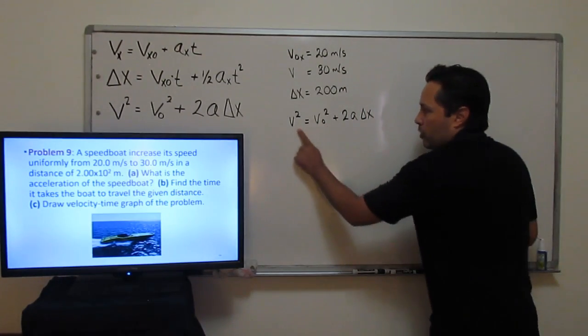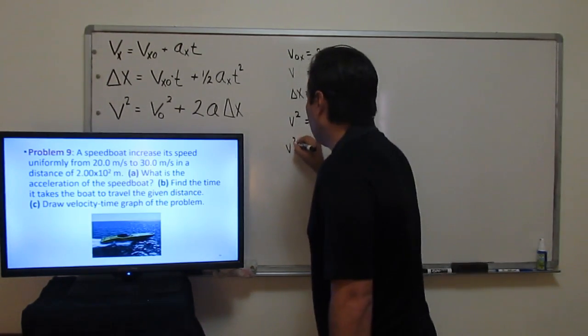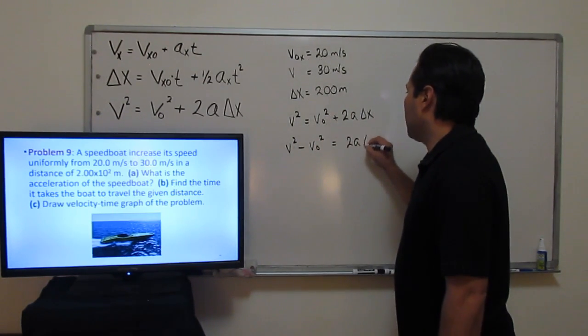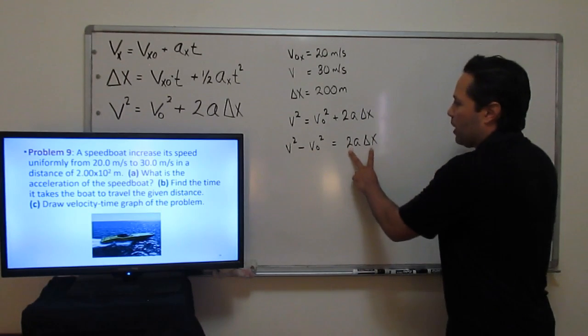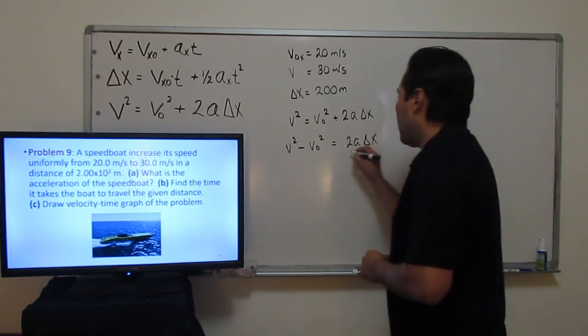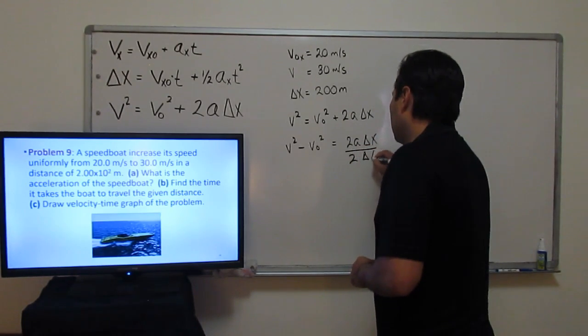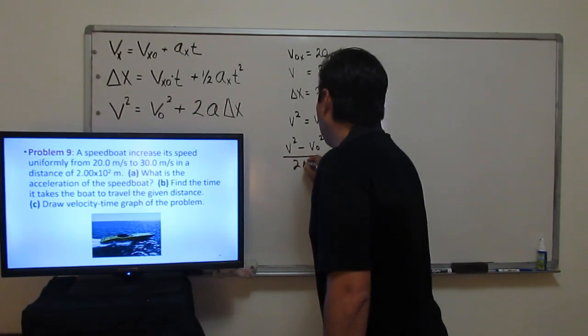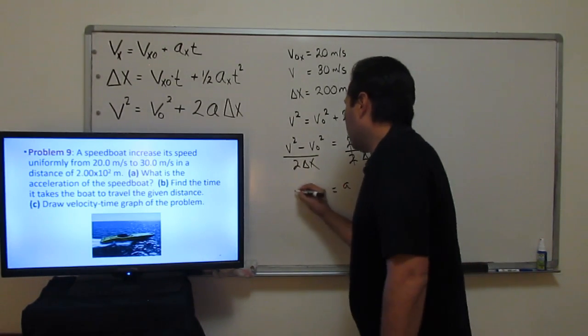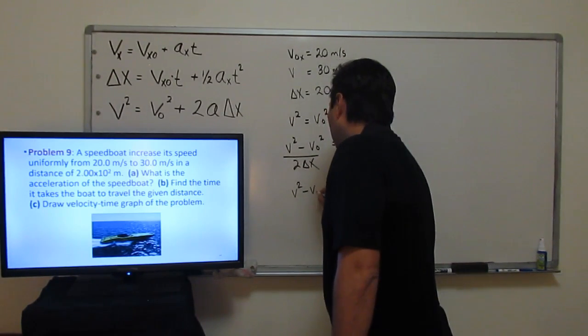First, I'm going to move the v0 over on this side. Next I will divide by 2 and divide by the displacement so I can isolate the a, which is our acceleration, giving us our formula, so it would be this.